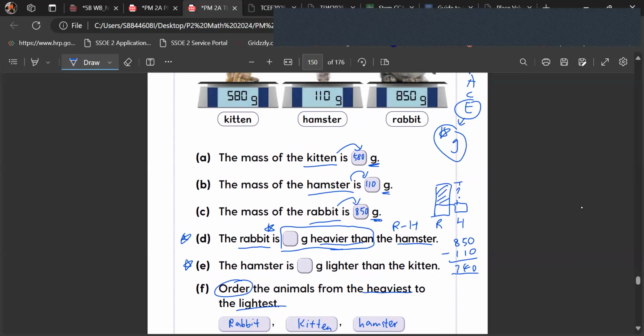The rabbit is heavier than the hamster, but exactly how much more? I must take 850 minus 110 to give me the difference of 740. So the rabbit is 740 grams heavier than the hamster.